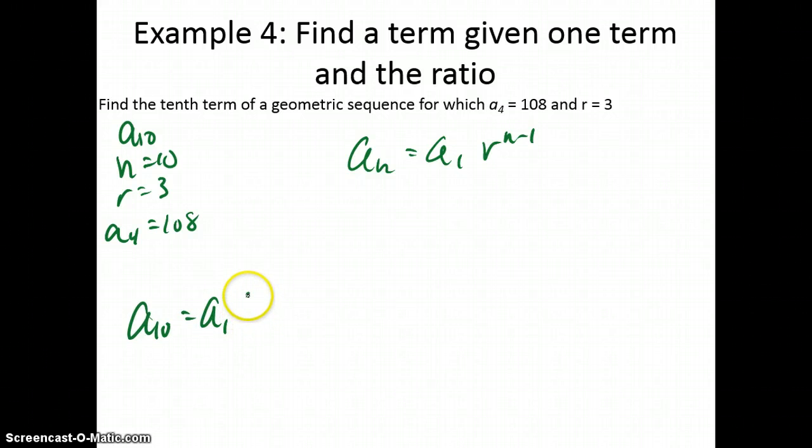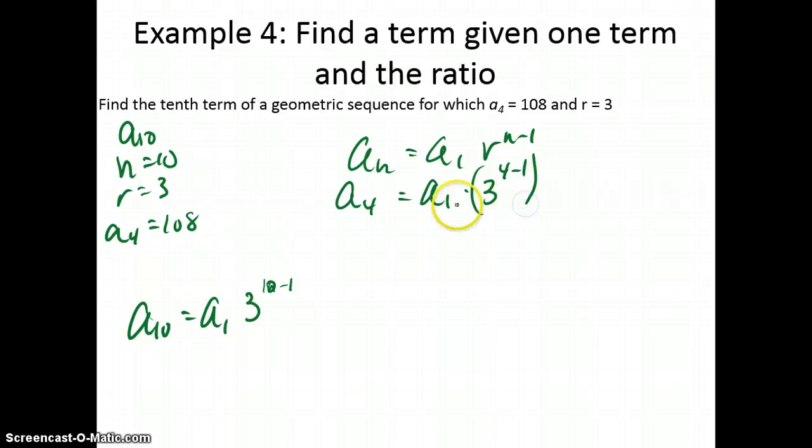I know the common ratio is 3, and I know that this is 10 minus 1. So basically, if I was going to try to find the 10th term, I would need to find the first term first. And luckily, they give us enough information to do so, because they tell us that the fourth term is 108. So a sub 4, our common ratio was 3, it was 4 minus 1 here.